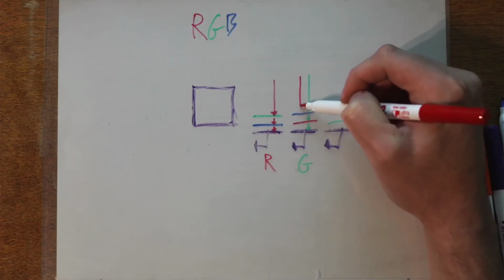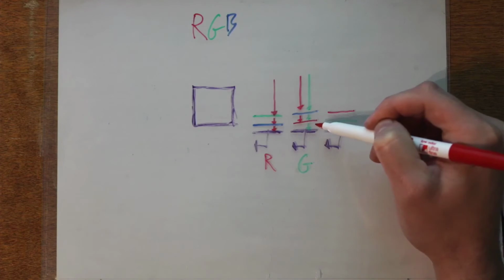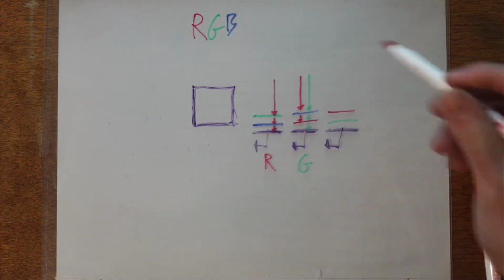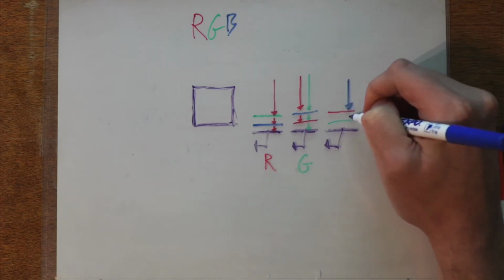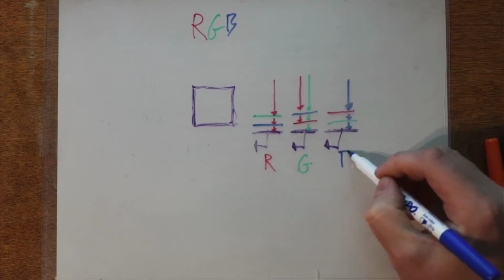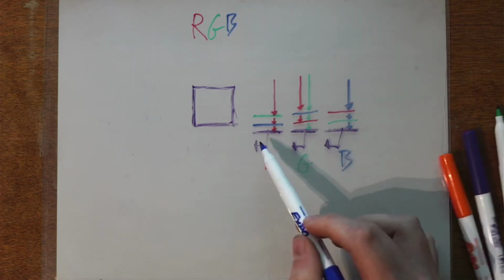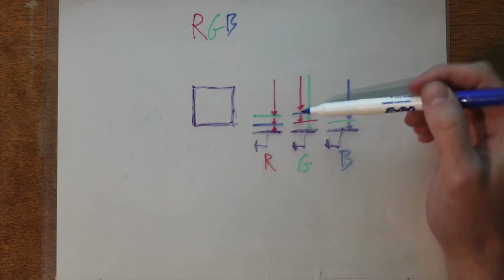If I try to get red light in here, it's going to hit this red filter and then stop. So we get our pure green. Same thing with blue. Blue goes through the green filter, gets to our sensor, and that gives us blue. So we have this pattern, red, green, and blue, and this is how we're getting it.